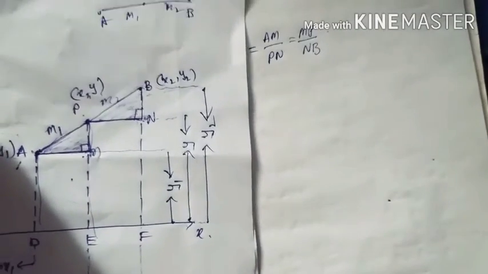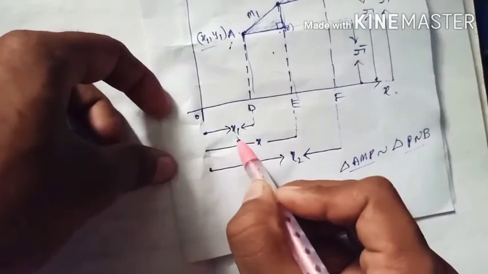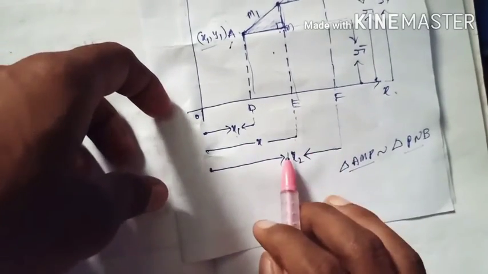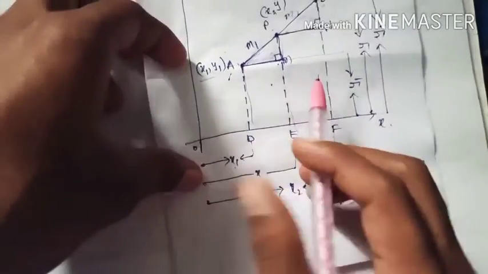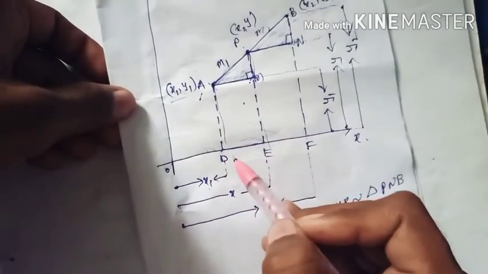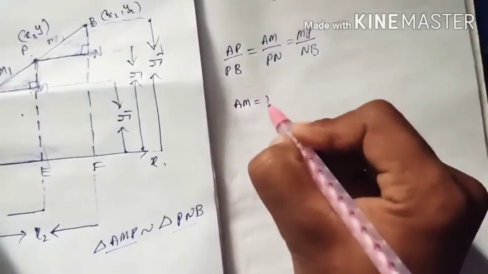Okay. Now here the distances OD is x1, OE equals x and OF equals x2. Now I want to find the sides of the triangles. Here AM is equal to DE, so AM equals x minus x1.